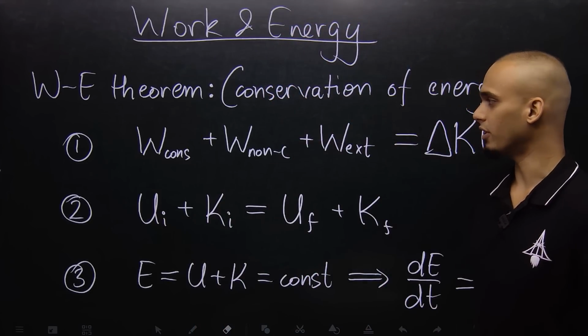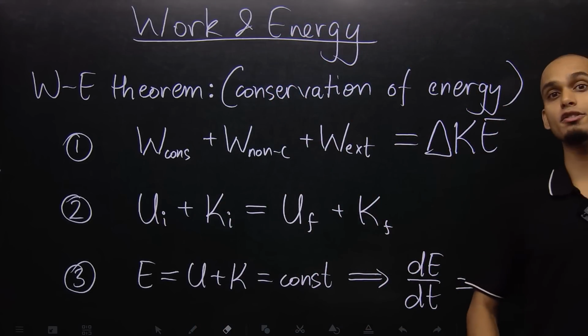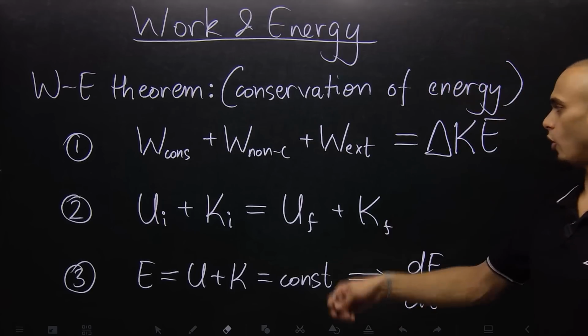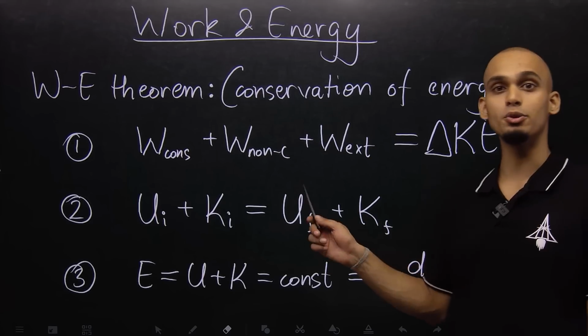So I have separated work done by conservative forces, non-conservative forces, and any external force acting on your system will all add up, and that will be equal to the total change in kinetic energy of the objects in your system.